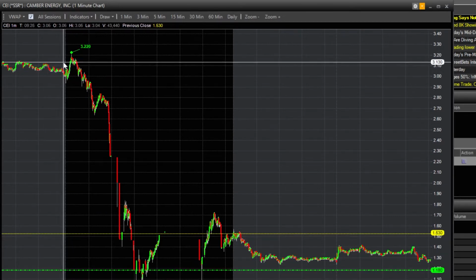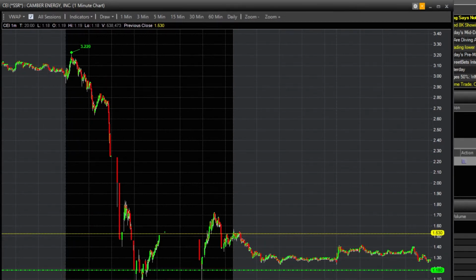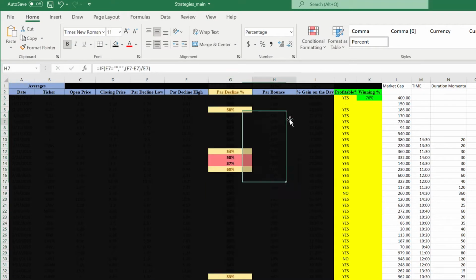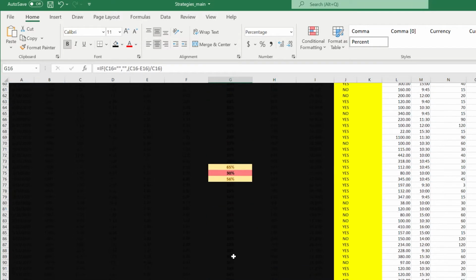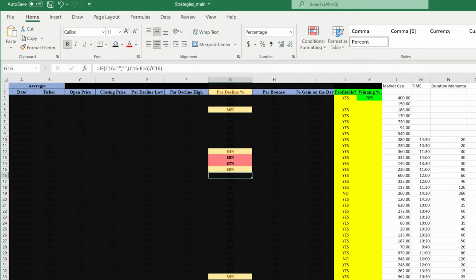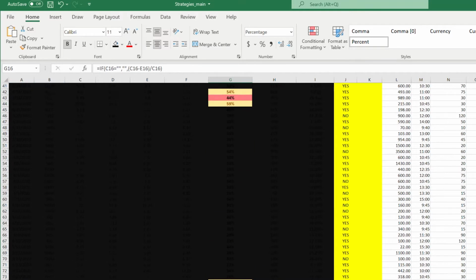I wanted to know what the bounce is going to be after a parabolic decline of 50% or more. That was my idea here. All these yellow cells and red cells are basically highlighted cells of the falls that were 50% or more.